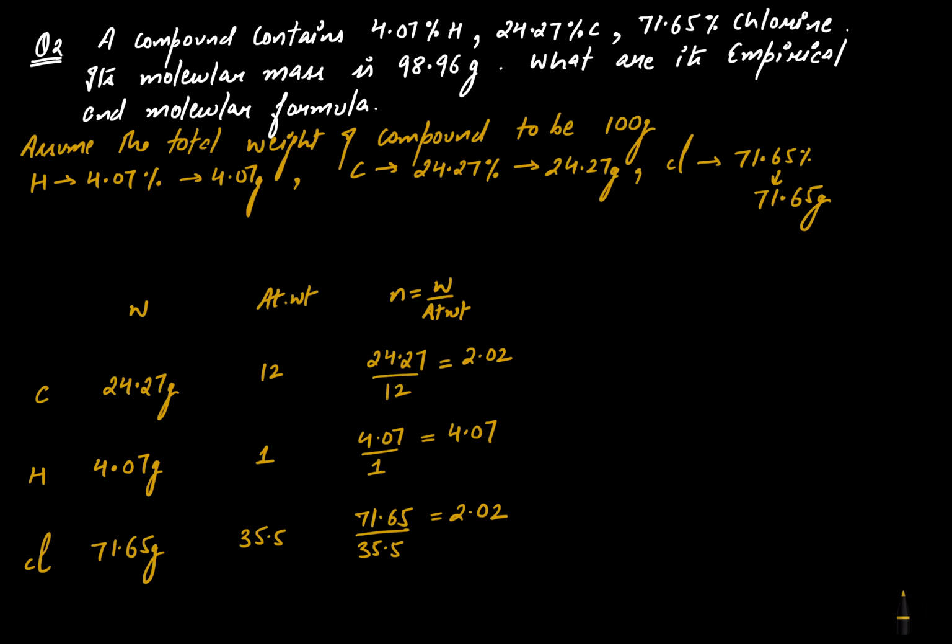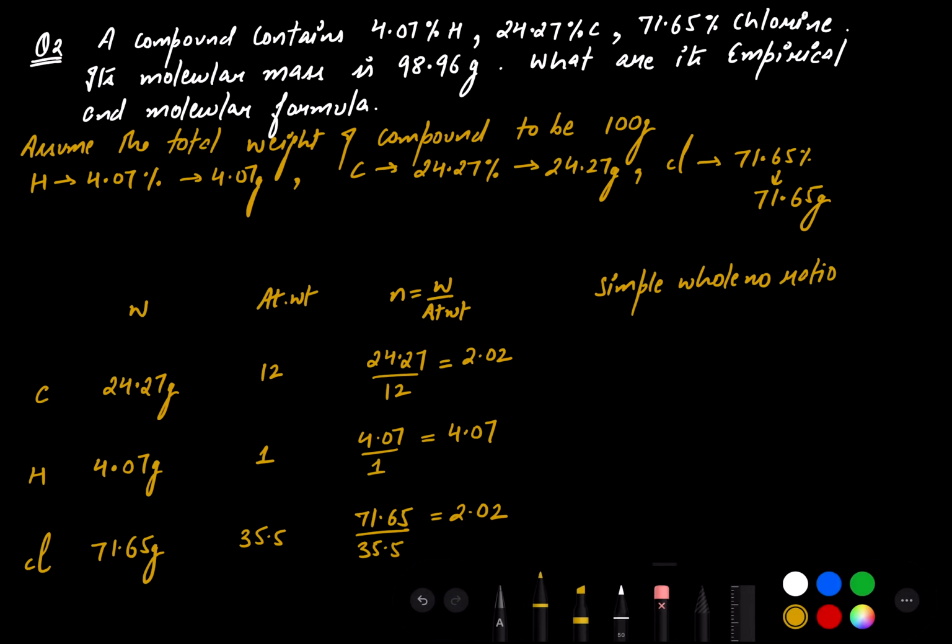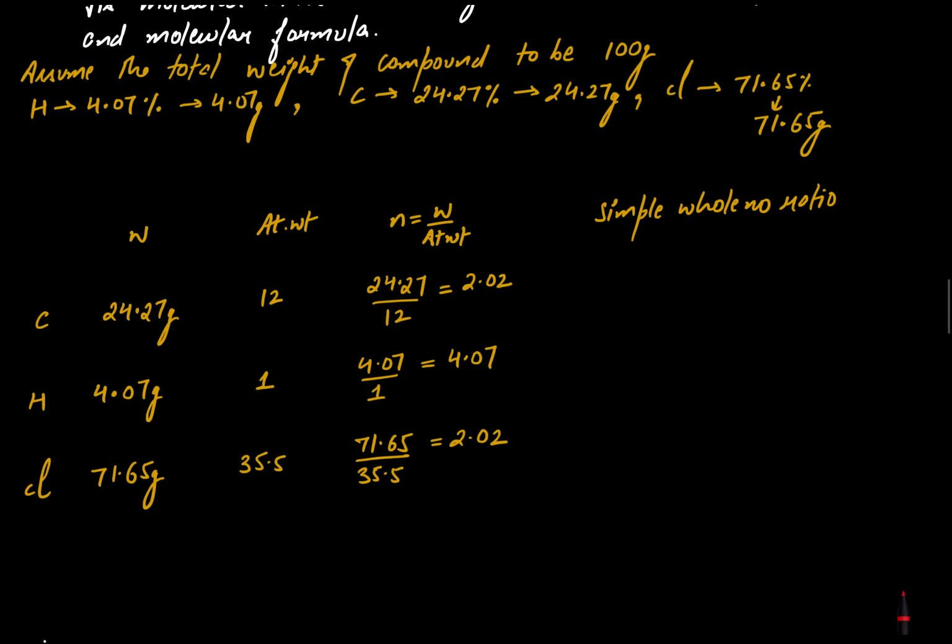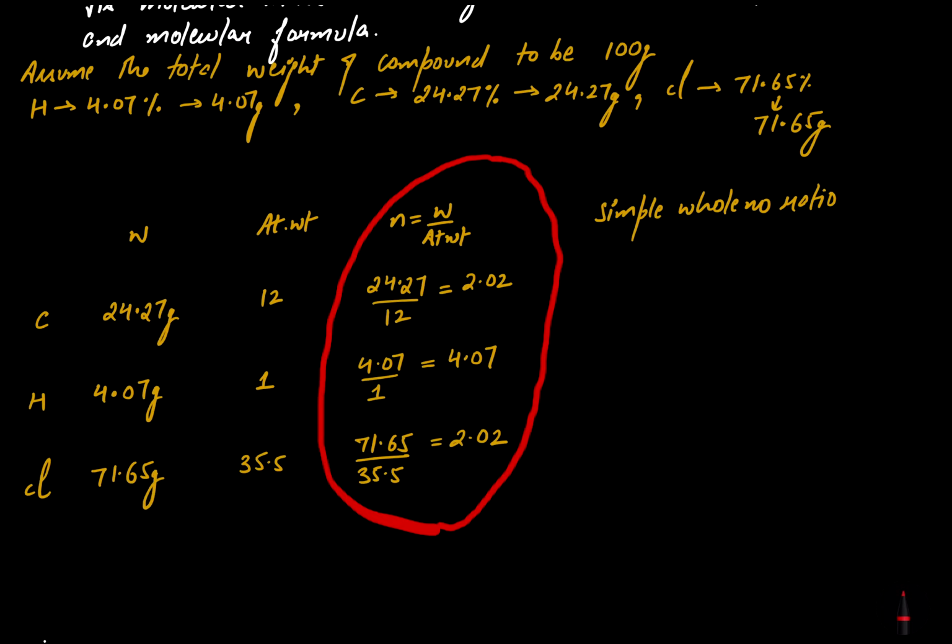Now let's talk about the simple whole number ratio. I'm writing simple whole number ratio. Again, have a look at all the number of moles and mark the lowest value. In all these three values, I got it to be 2.02. Now divide all the values of number of moles by 2.02, that is the lowest value.